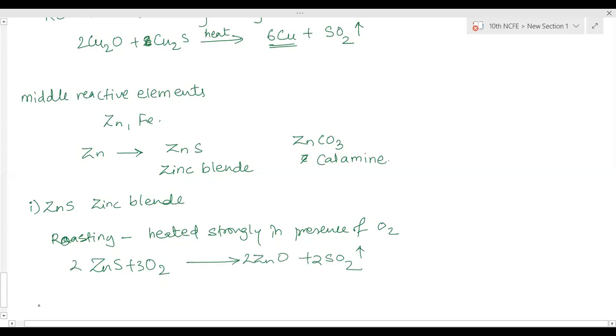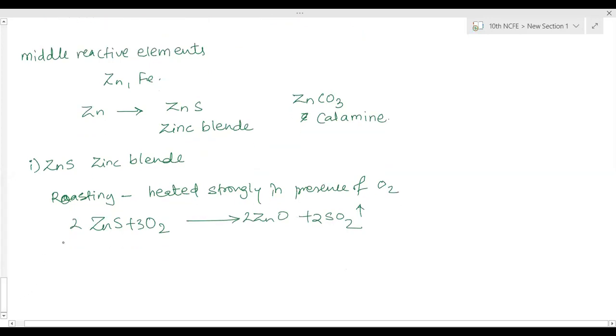Now we got the oxide. This oxide is reduced using reducing agents. Auto reduction won't work, a reducing agent is needed. The second step is reduction, by reacting with coke powder, that is carbon.